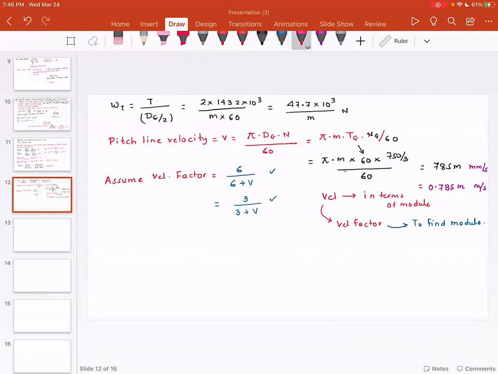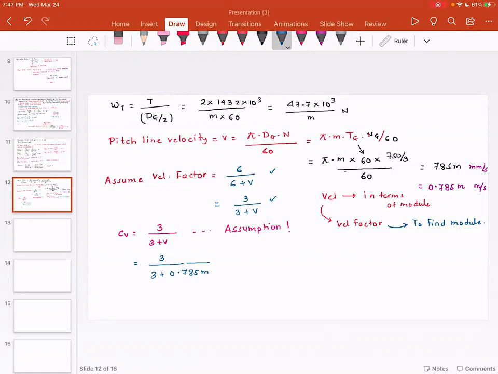The last problem, we used 6 divided by 6 plus v. So I'm going to assume in this problem, CV is equal to 3 divided by 3 plus v. And this is just an assumption, so that we can follow the problem and then we can work out the numbers. So here it's going to be 3 divided by 3 plus 0.785 m as the velocity factor.